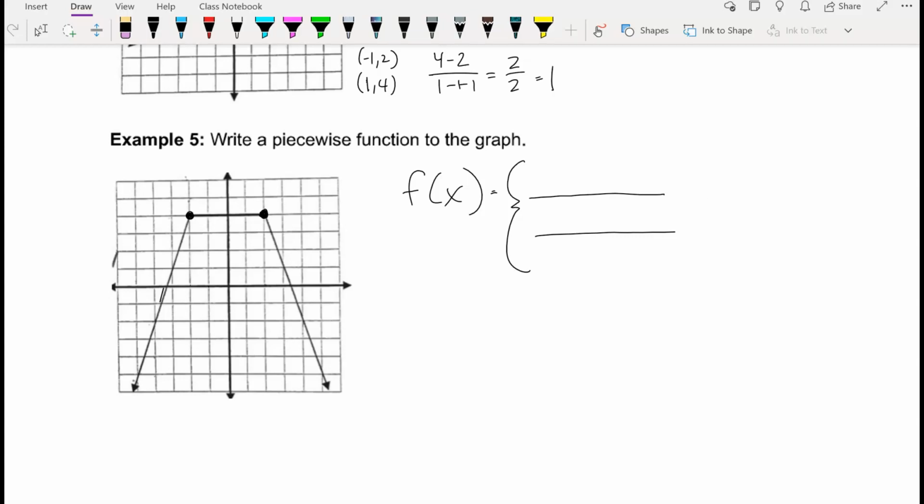So x is less than or equal to 2. Then here we're from 2 to 2, and we're equal because we're solid. And then from 2 to infinity, so x is greater than or equal to 2.